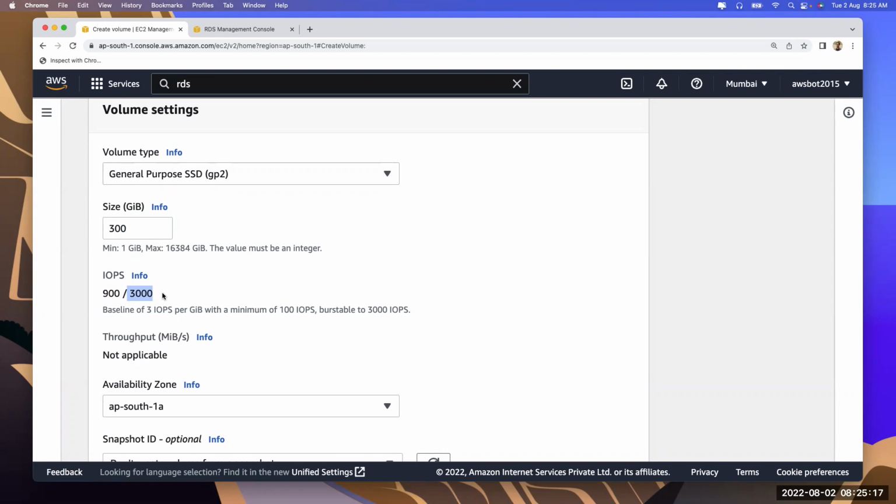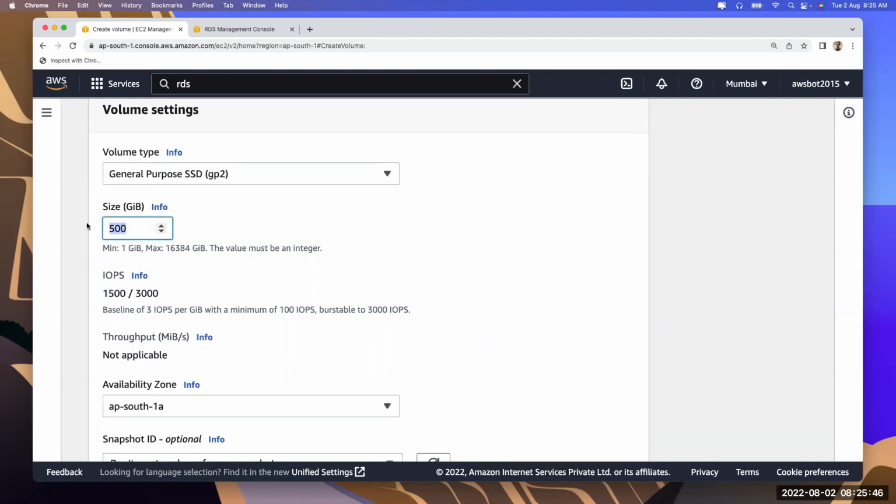If in case you need more IOPS, I will give it to you because my burstable IOPS is set to 3000. So by that logic, if I go for 500 GB over here, my IOPS becomes 500 multiplied by 3, which is 1500. And AWS says that just in case you need more, I can give you more, maximum up to 3000 IOPS.